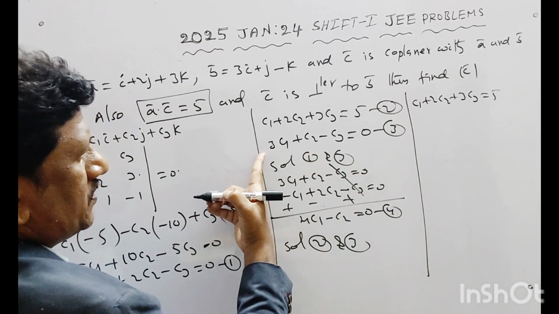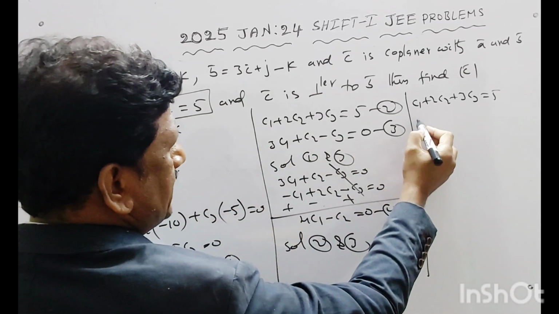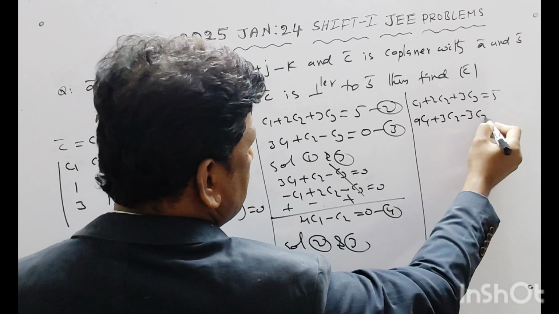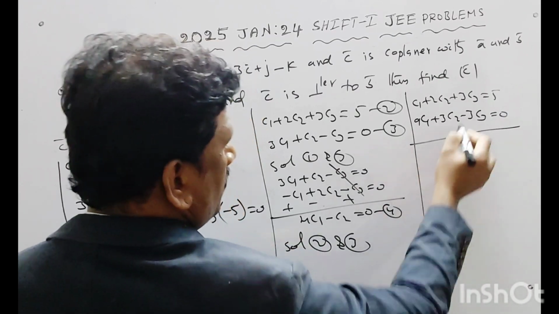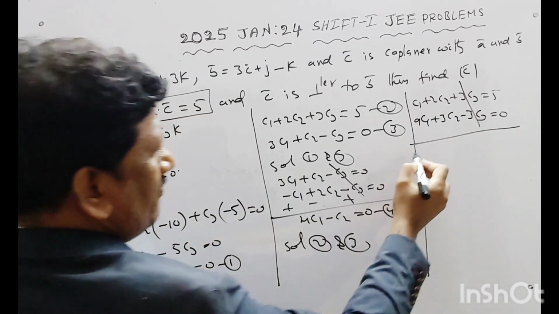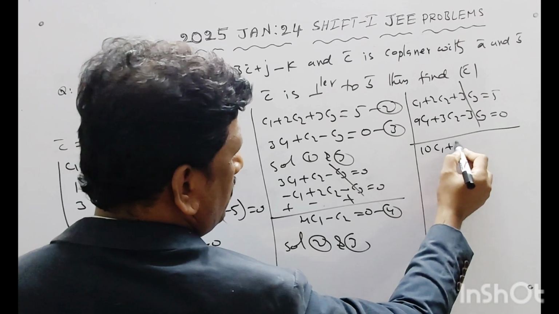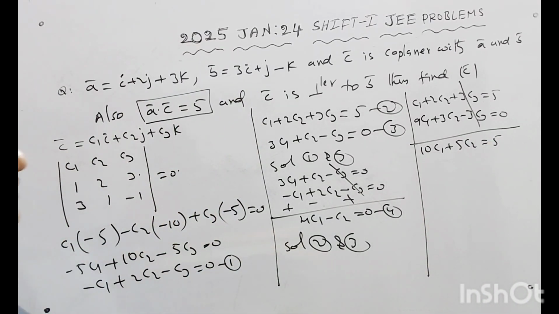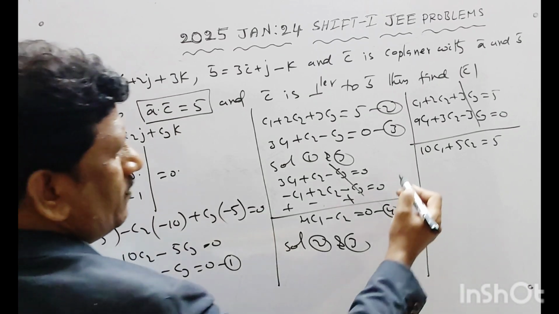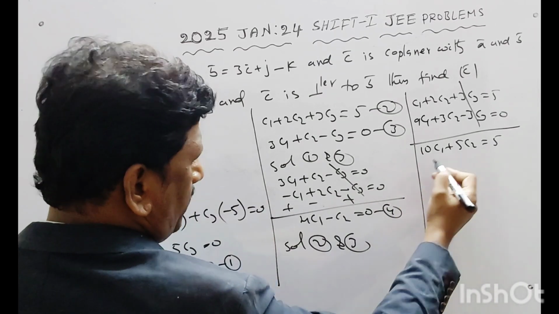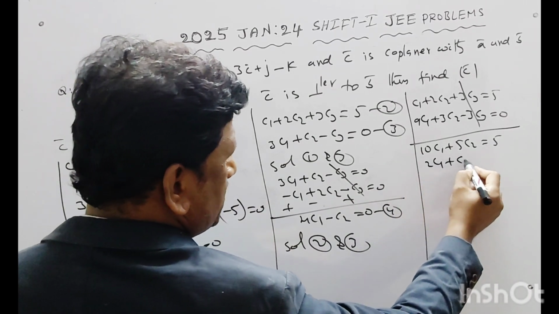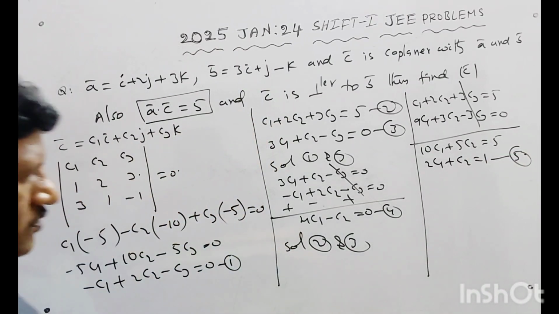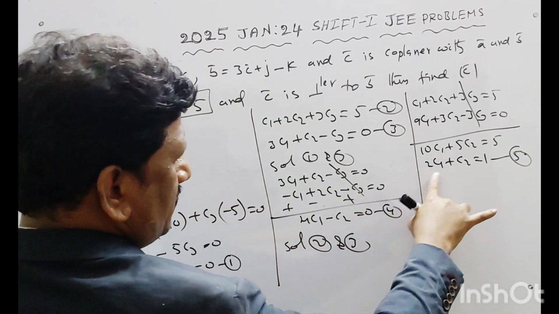Multiply equation 3 by 3, so that you get 9C1 plus 3C2 minus 3C3 is equal to 0. The C3 terms get cancelled, and this gives 10C1 plus 5C2 is equal to 5. Dividing by 5, we get 2C1 plus C2 is equal to 1, equation number 5.